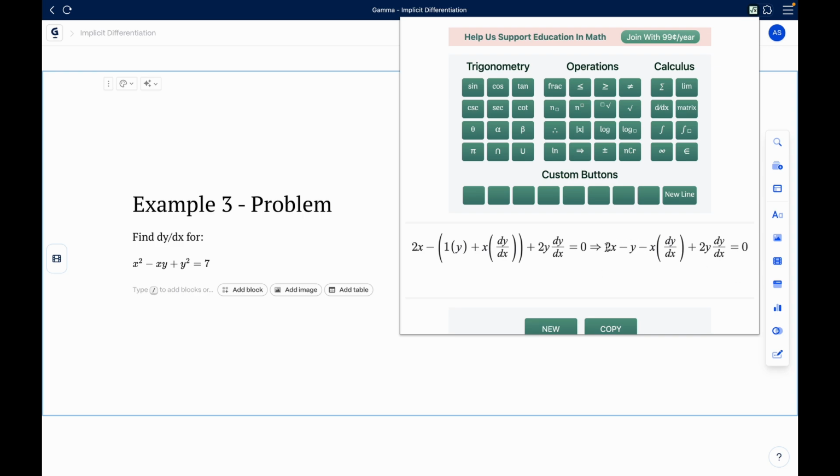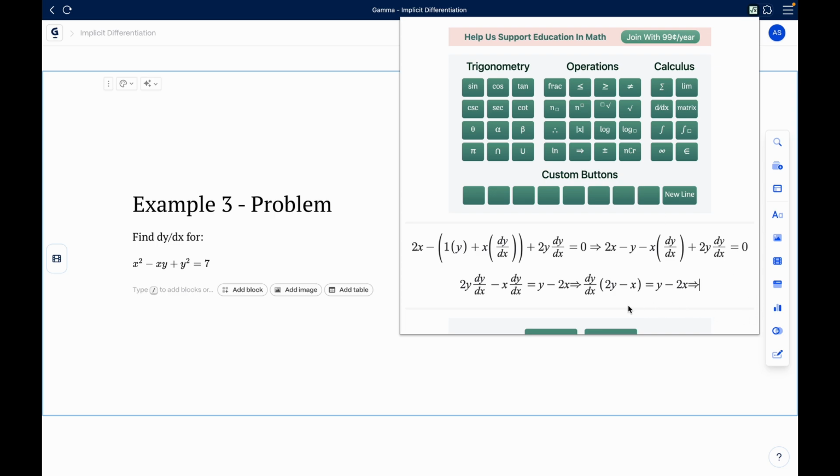So if we bring the 2x and the negative y to the other side, we get 2y times dy/dx minus x times dy/dx. Then on the other side, we have y minus 2x. Now, the next thing we need to do is factor out dy/dx. So we have dy/dx, multiplied by 2y minus x, is equal to y minus 2x.